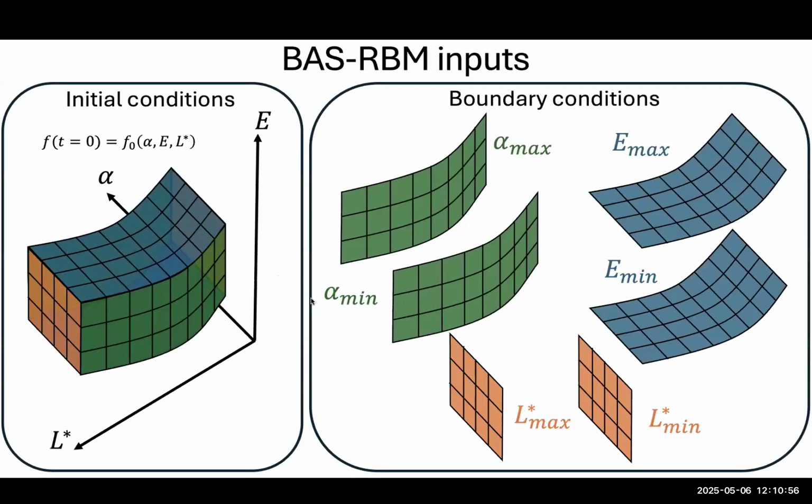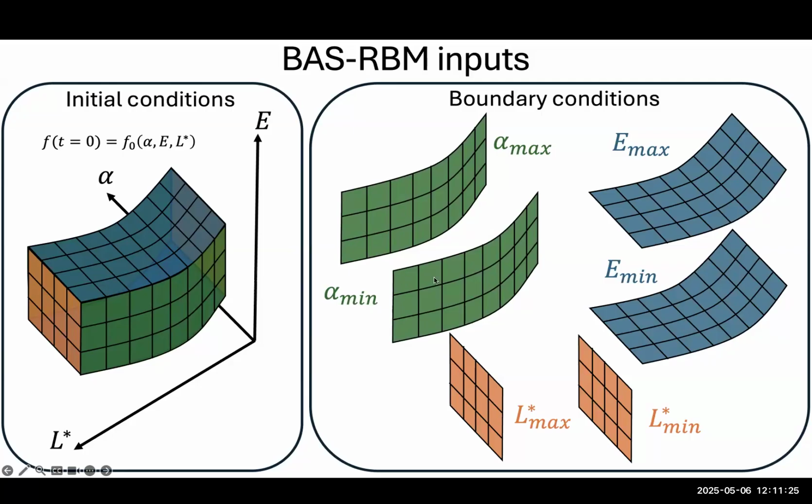And so for BAS RBM, we have several inputs that we need to specify. So we need to specify an initial condition. That's phase space density at all pitch angles, energies, and L stars. And then we need to specify boundary conditions.